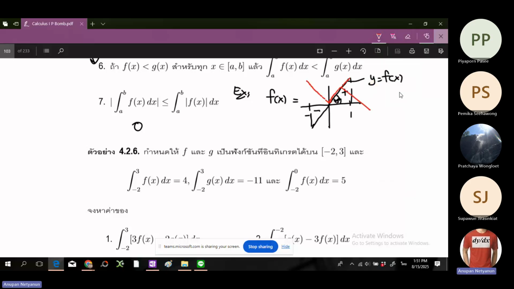This red graph here is the graph of y equals the absolute value of f of x. So when I do the definite integral from -1 to 1, instead of having negative area I have positive area, and on this side I also have positive area, so I sum the two areas together.